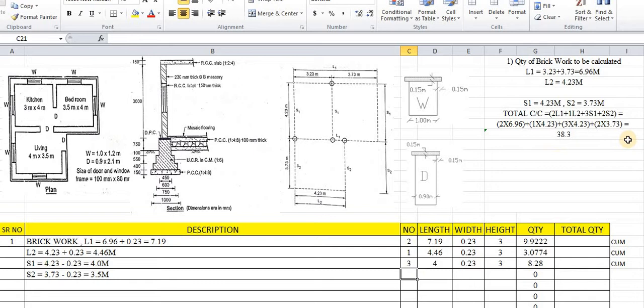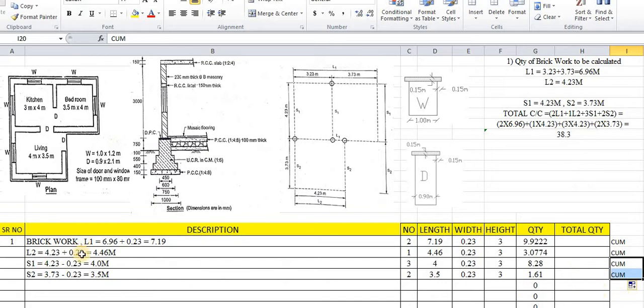How many numbers of S2 are there? 1 and 2, so 2 numbers of S2. Length is 3.5, width, the thickness of brickwork, is 0.23, and height is 3 meters. In this way the quantity comes to be 1.61.